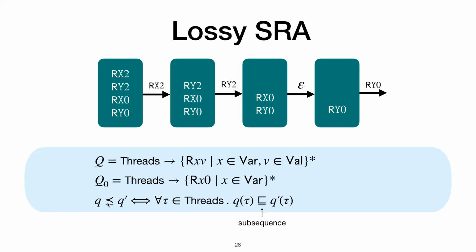And the well quasi-order we're going to use will be per-thread subsequence. So one state Q is smaller than another if for all threads, the potential of the thread in state Q is a subsequence of the potential of the thread in state Q prime. And it is easy to see that this is a well quasi-order.